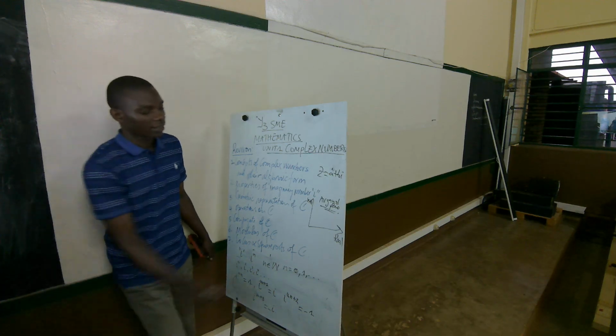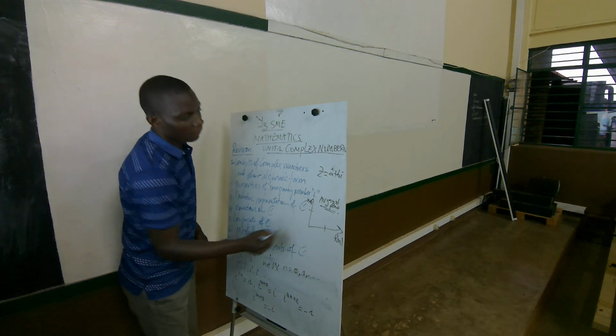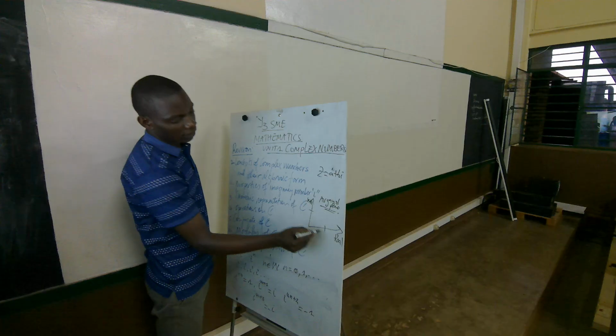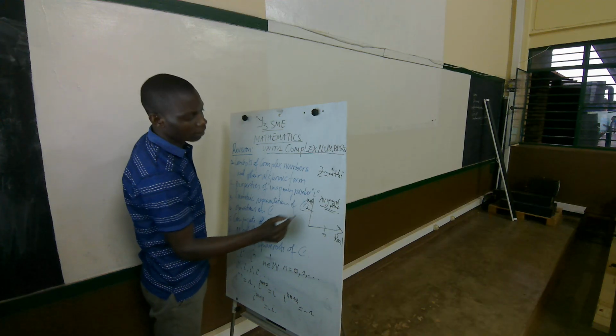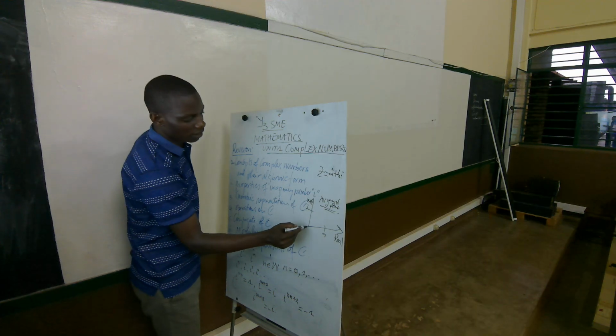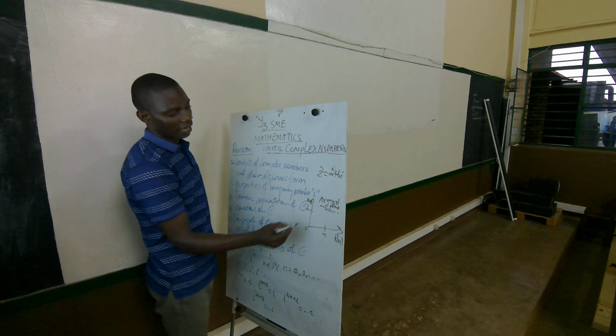Here you can have, for example, for z, a here and b here, and this is our unit, 0 and i.